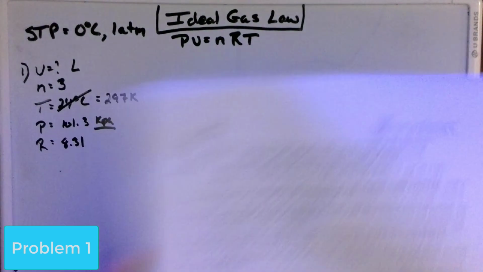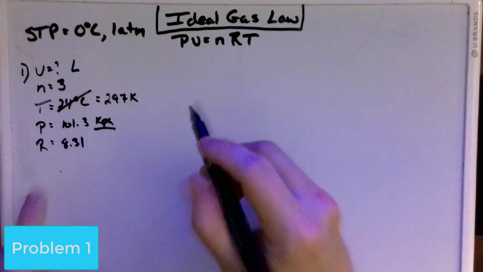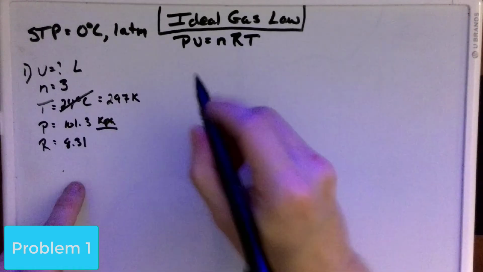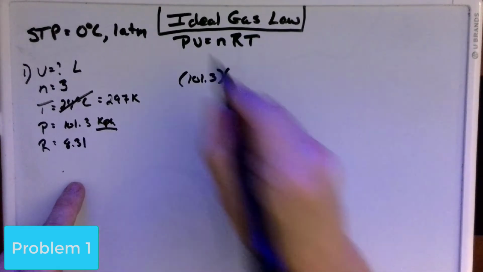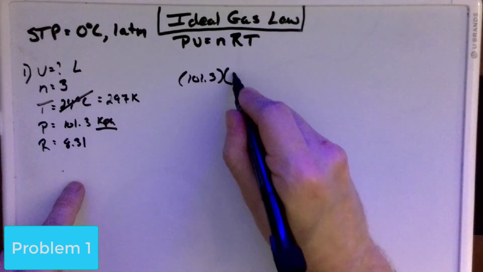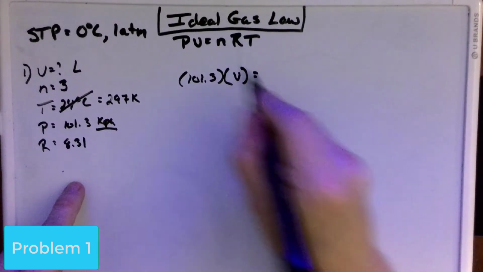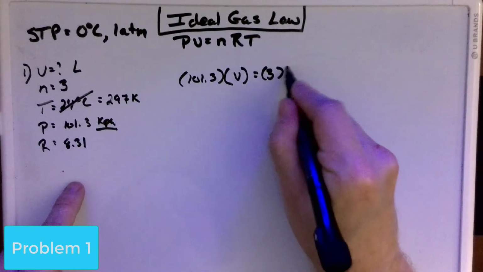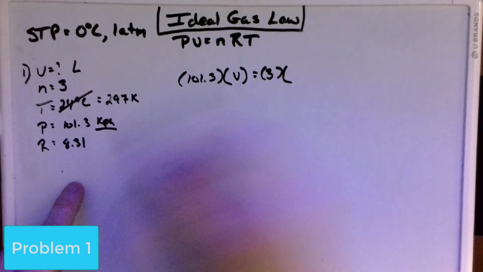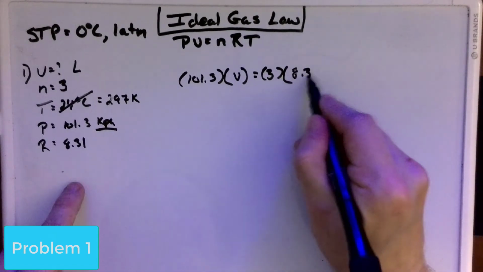Now I can plug this in and solve. Pressure, that's been identified, is 101.3 kilopascals. Volume, we don't know. We can leave that as simply V. N is number of moles, so we have 3. The R value for kilopascals is 8.31.